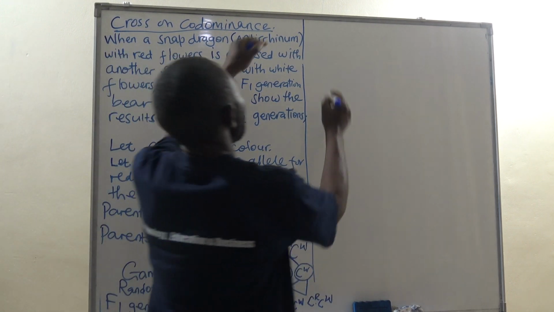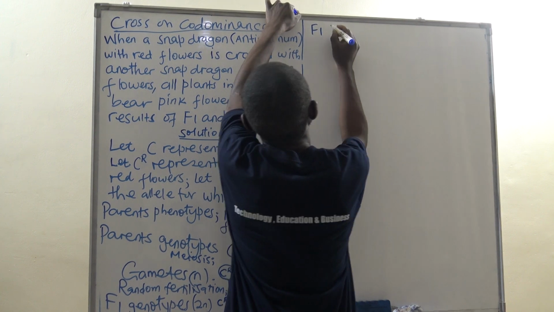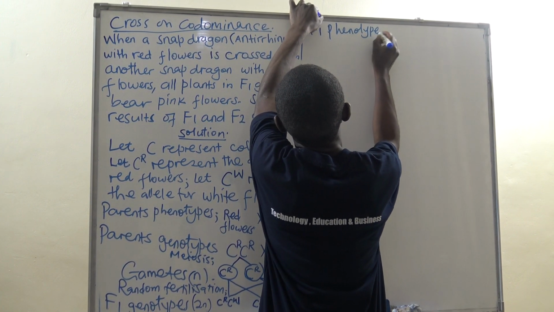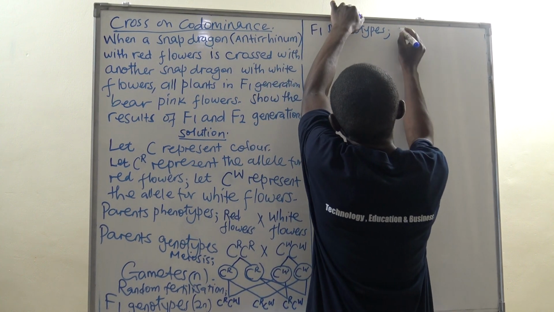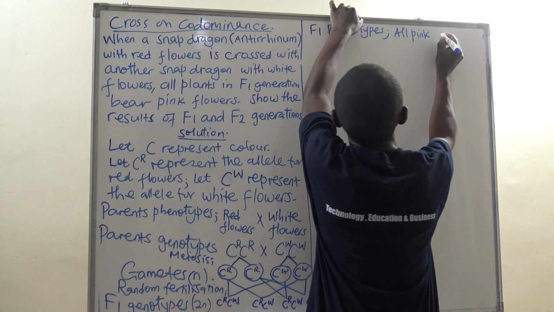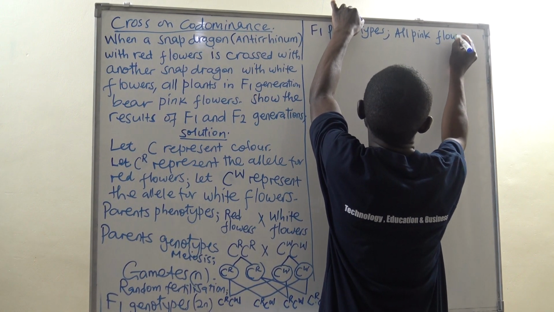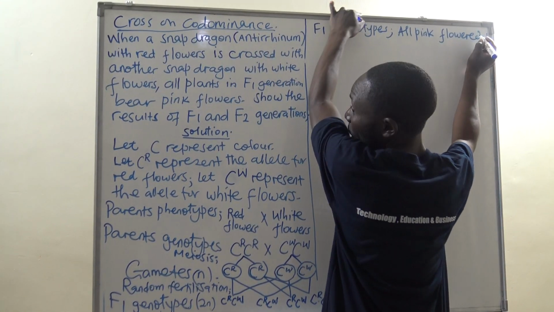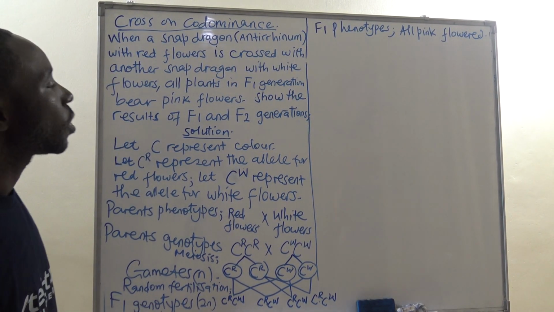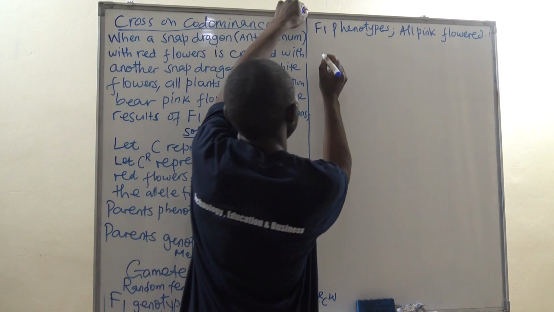So I write F1 phenotypes: all pink flowers.